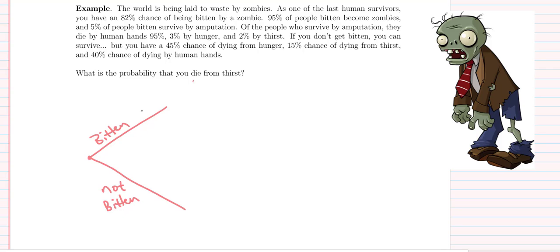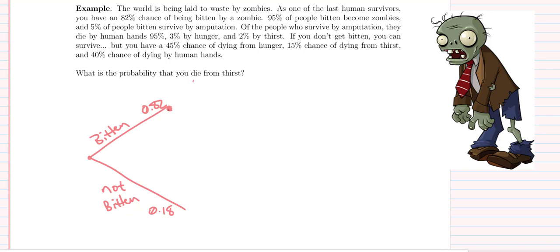And we're told that the probability that you get bitten is 82%. Now, we're not given a percentage for not bitten, but remember, if these add up to 1, then this should be the remaining 18. Okay, so 0.18. Alright, now most of this description goes into just people being bitten, right?